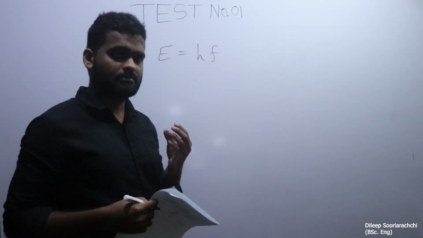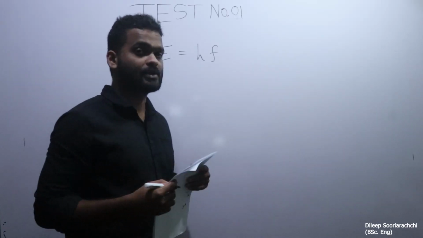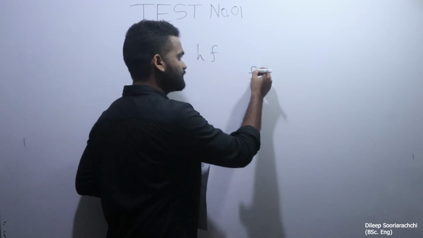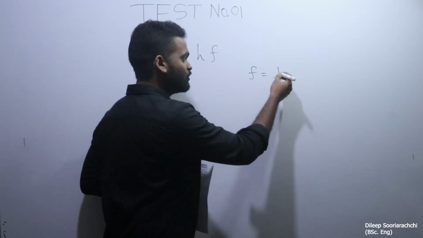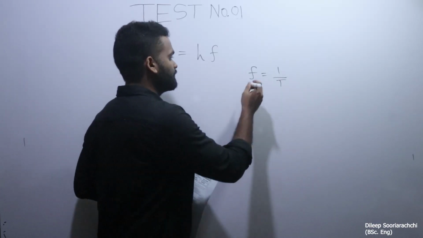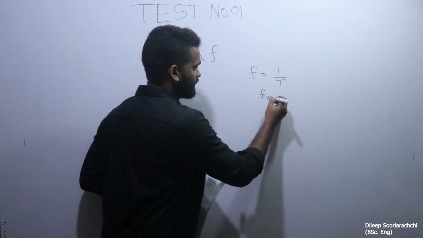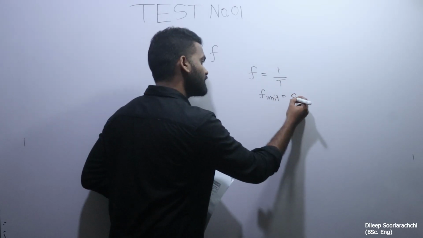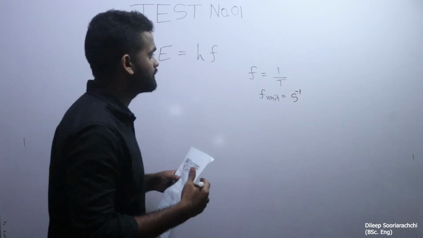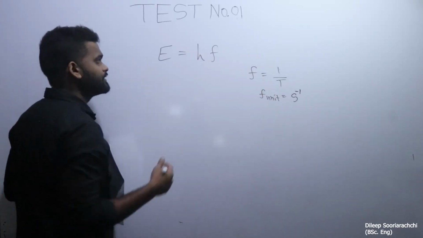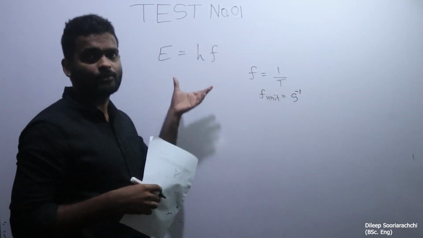So you have to remember the equation for the frequency. We know that the frequency is 1 over time period. So the units of frequency should be 1 over time, so it should be per second. Units of frequency is per second. Then you just have to substitute those units in the equation.